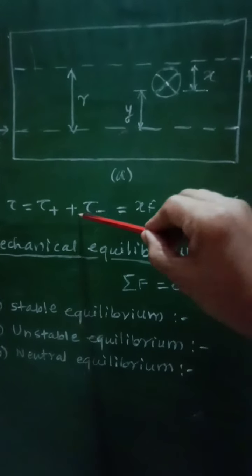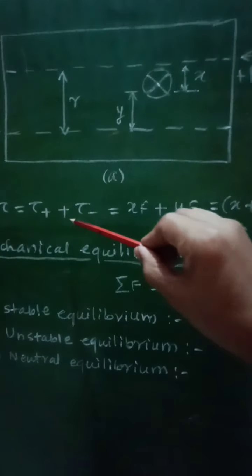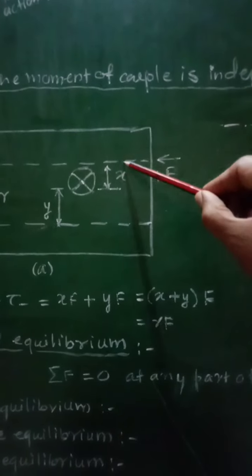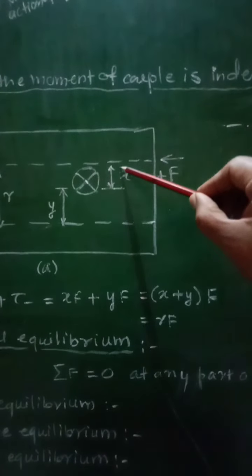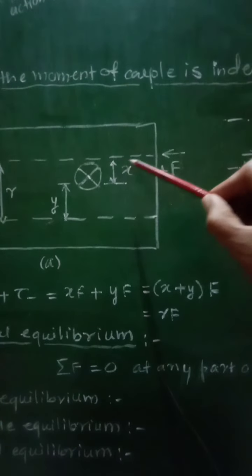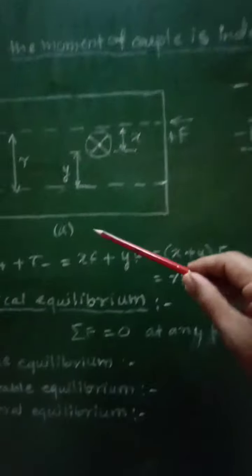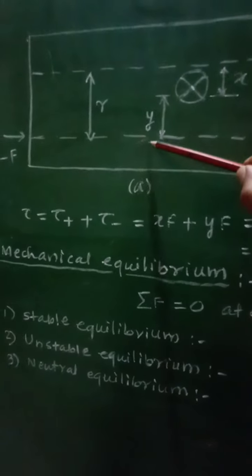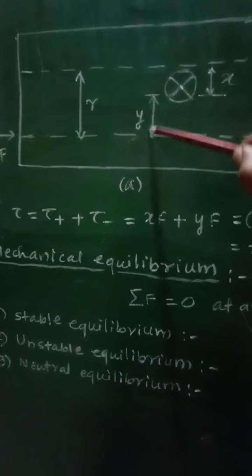Torque plus equals xF, that is perpendicular distance into magnitude of force, plus yF for the second force, the minus F force, whose perpendicular distance is y.